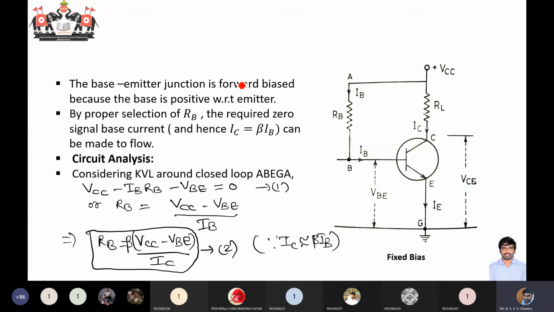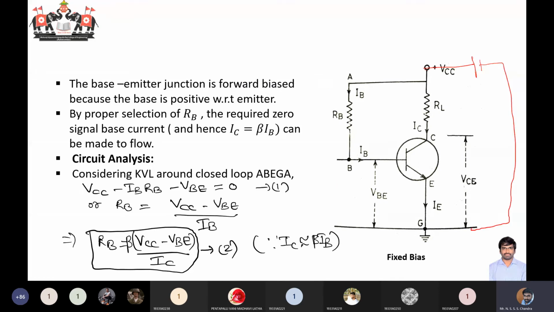For this circuit analysis, we need to write the KVL equations. So we have a circuit. Again, I'll draw this battery.